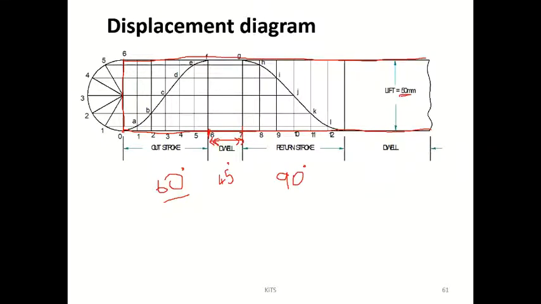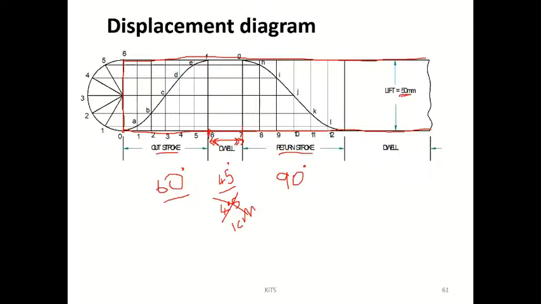Double arrow means approximately. For outstroke and return stroke, you have to draw the exact value. 60 degree means 6 centimeter, 90 degree means 9 centimeter, 120 degree means 12 centimeter. But for the dwelling period, you don't need to draw the exact value. 45 degree means you don't need to draw 4.5 centimeter. Instead, you just draw 1 centimeter, but put a double arrow.